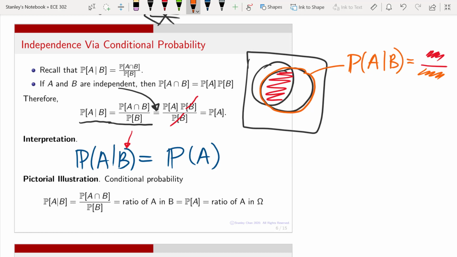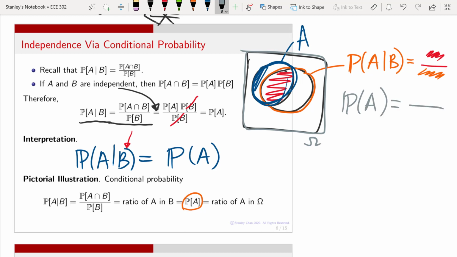Then what is the unconditioned probability of A? It says I am going to look at this entire A compared to this entire sample space. So the probability of A is the ratio between this blue divided by the gray.